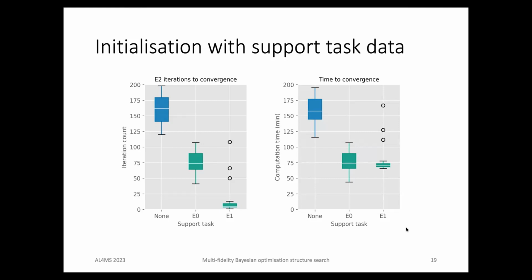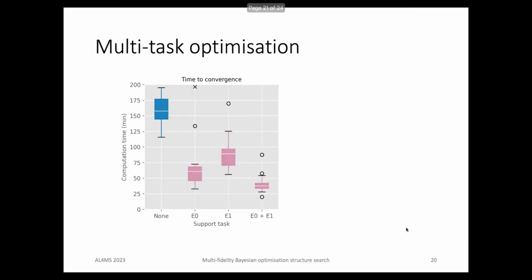And now we can look at the other one. So here we compare baseline optimization to multitask optimization. And we initialize these multitask optimization runs also with 5 observations from each task. And we observe again that using multi-fidelity data reduces the computation time.